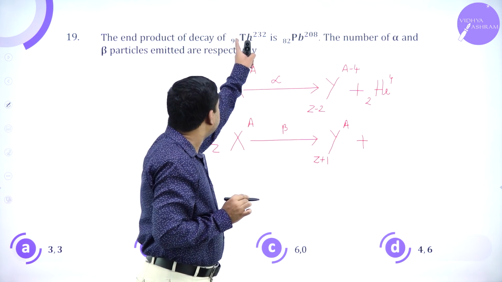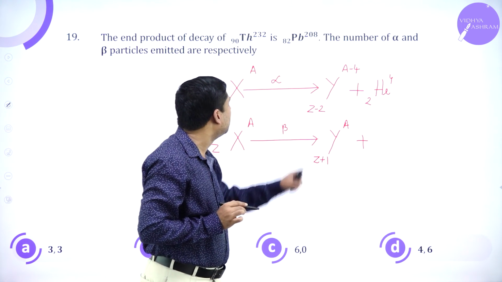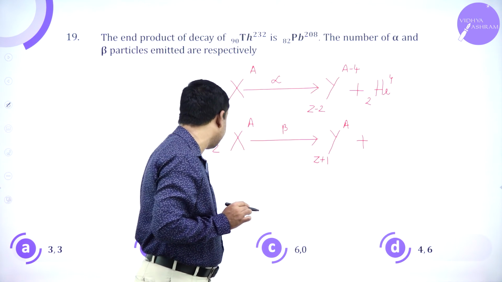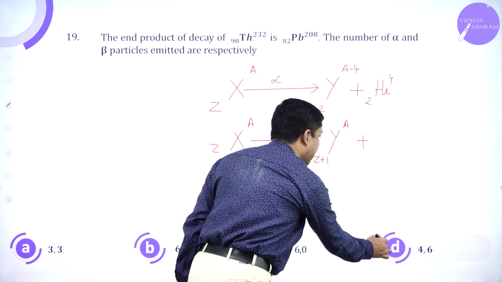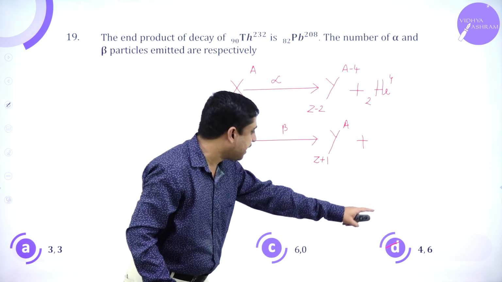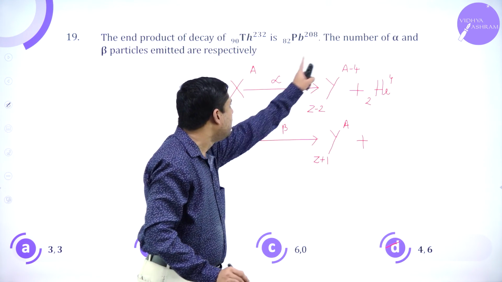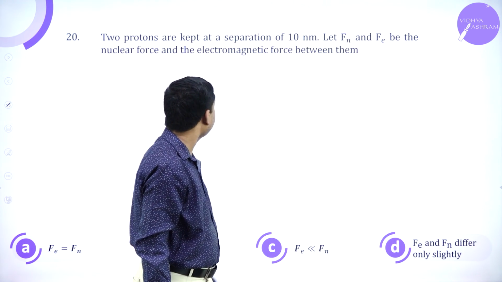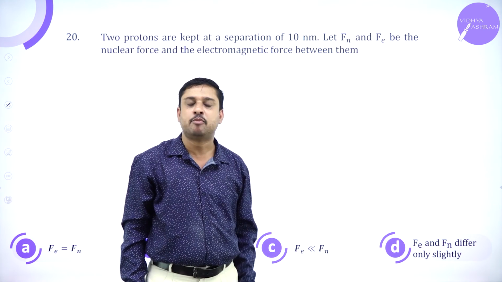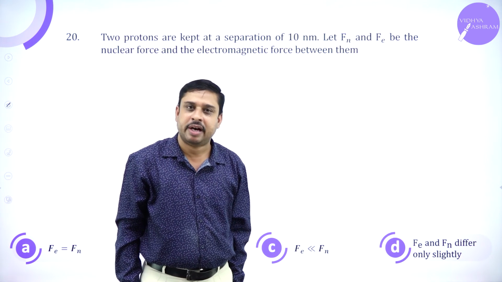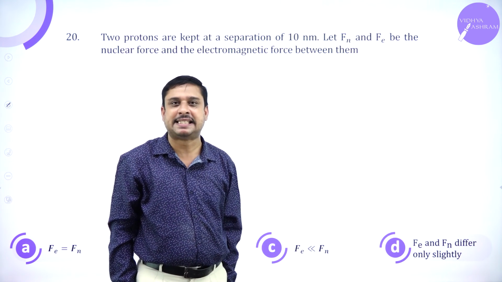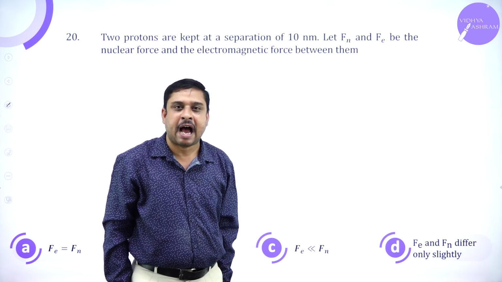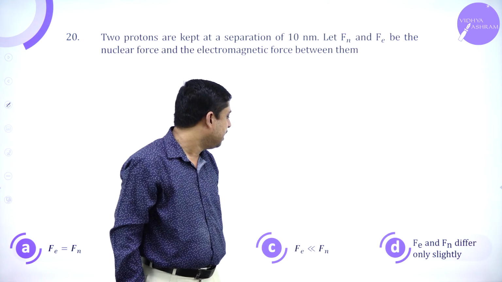Now, here thorium to lead, 232 to 208, if you follow the sequence, the answer will be 6 alpha and 4 beta. Rather than calculating each step, use this theory, you will arrive at the answer. The same question repeated in the 2020 exam. If you refer to my discussion there, I've clearly given the answer.